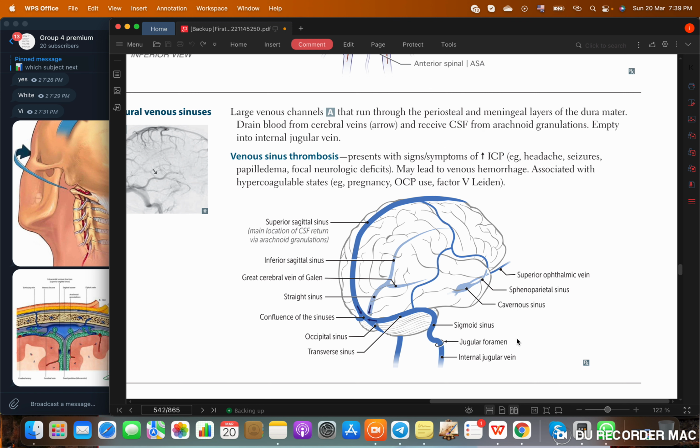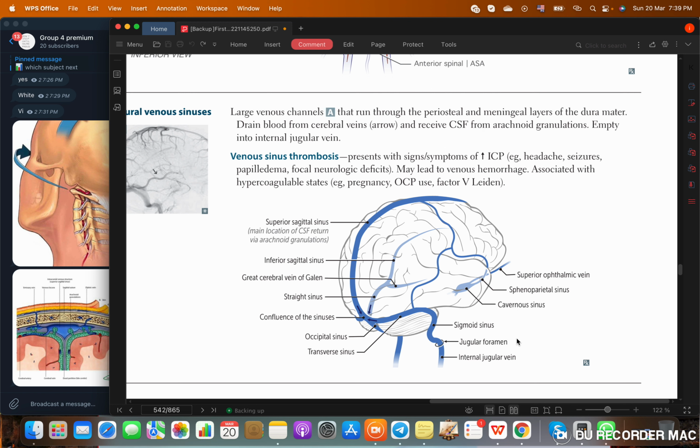So, let's take this overview again. The CSF is made in the lateral ventricles and the third ventricle. The CSF moves to the cerebral aqueduct in the midbrain. Then it keeps going to the fourth ventricle.